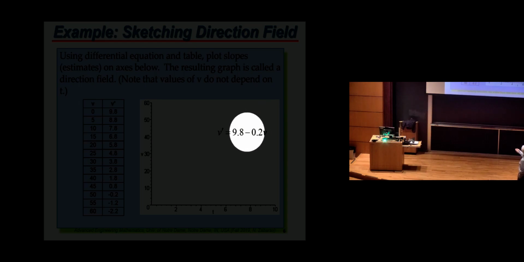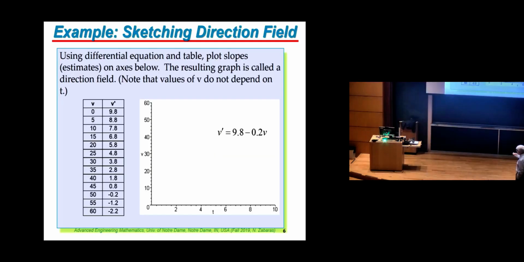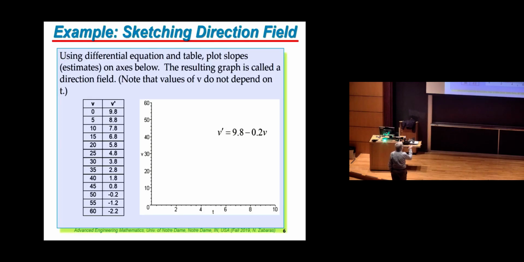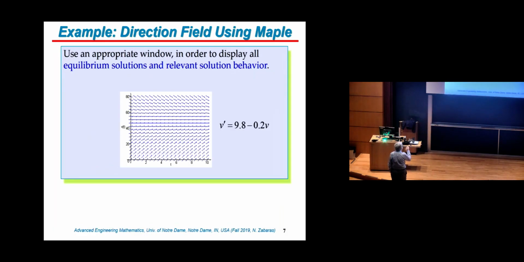And we're going to compute the velocity, the acceleration v prime, all right? v is my unknown here, so dv over dt. We're going to compute v prime for different velocities v. And this is why I call this a direction field. So let me just plot it. I want you to look at it, and try to guess what these little arrows potentially show.